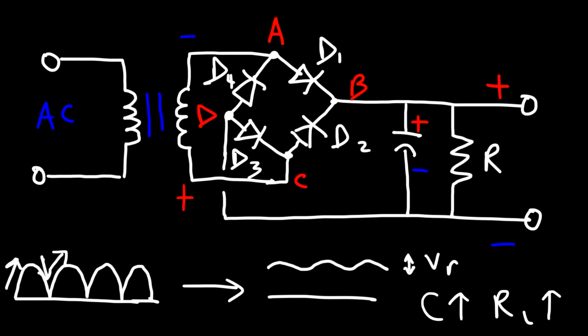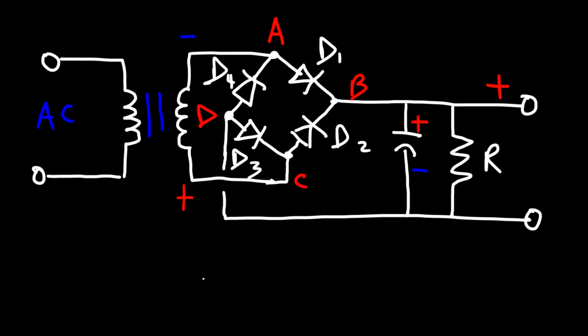Now you need to be careful when you're increasing the value of the capacitance in this circuit. Even though it's a very effective way to reduce the ripple voltage, there is another problem that you need to be aware of.